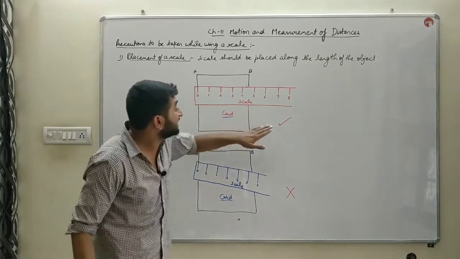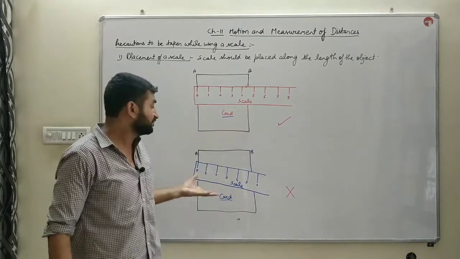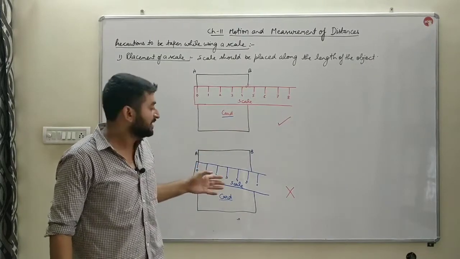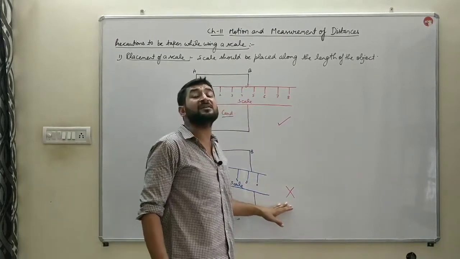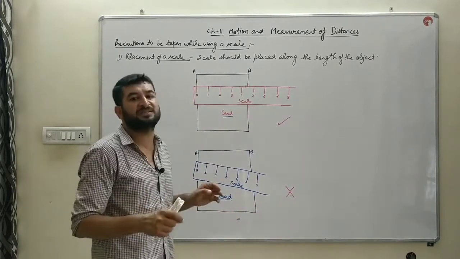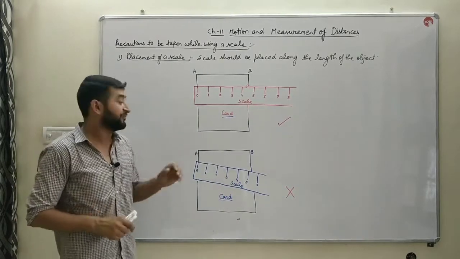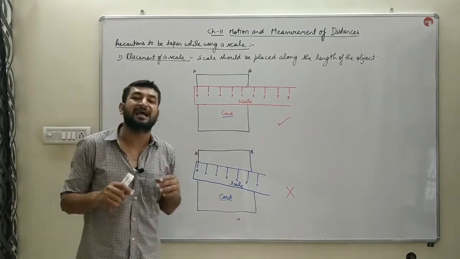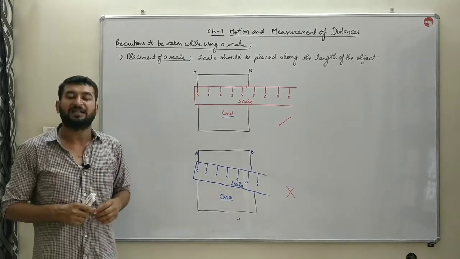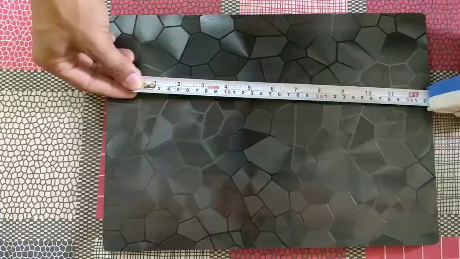So this is the correct placement of the scale over the measurement object, and this is the incorrect placement of the scale. So the scale should be placed along the length of the object which is to be measured. If it is tilted, then the measurement error will be there, and the measurement will be inaccurate.